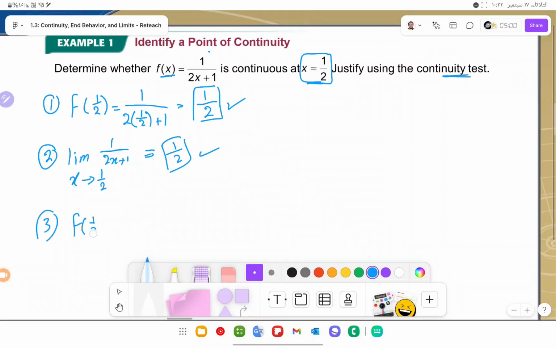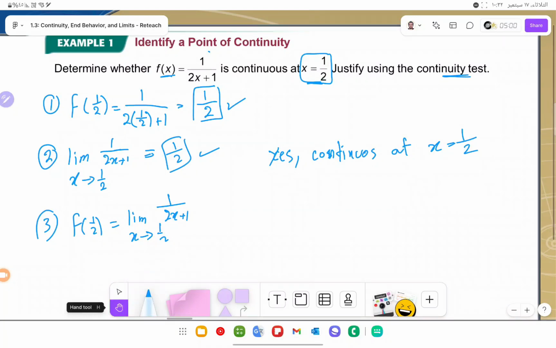Is f of half equal to the limit when x approaches 1 over 2 of 1 over 2x plus 1? Yes, because this one is half, this one is half. So we can say continuous at x equals 1 over 2.